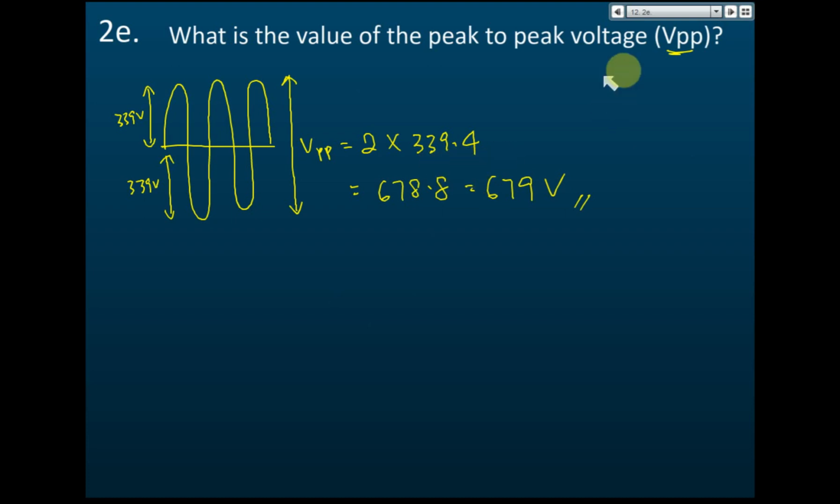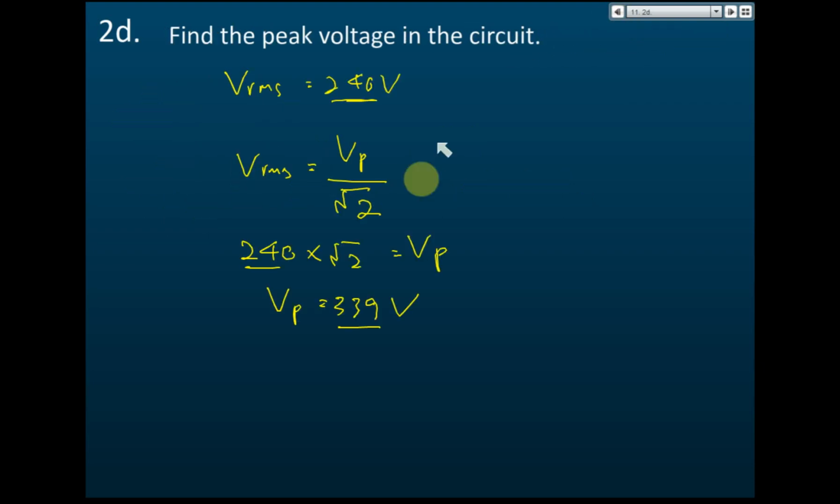Because for the final answer, the number of significant figures should be the same as the number of significant figures of the values that you use in the equation. So this one, 3 significant figures, but that is for the final answer.